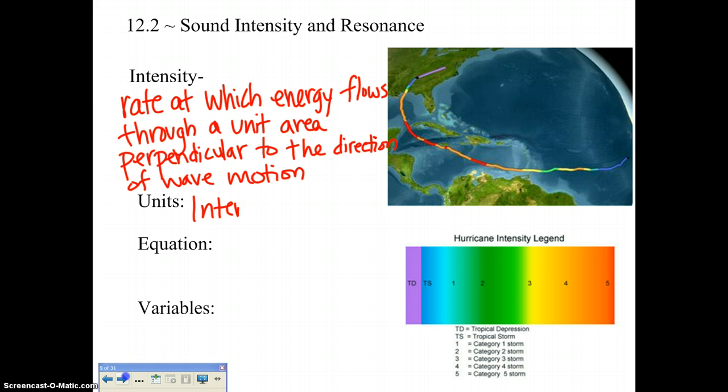Intensity does not have any abbreviations. You have to write out the word intensity, and that is going to be watts per meter squared.